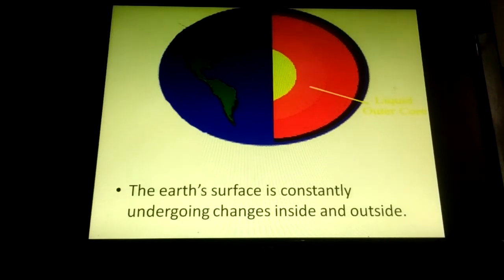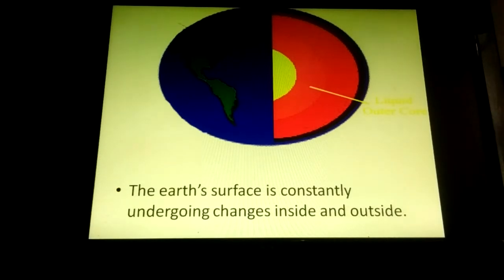Like an apple, if we cut a section through the earth, we get a view as shown in the figure.